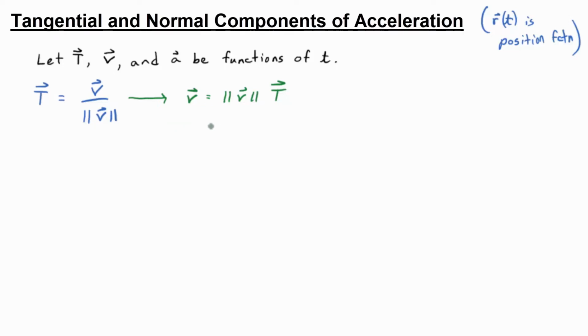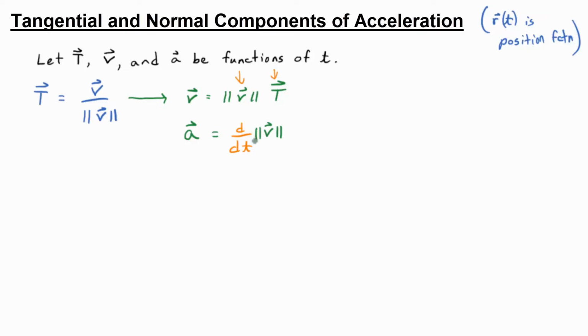So working downwards, acceleration, this would be a of t. I'm going to use Leibniz notation to start off with. The first function is the magnitude of v. The second function is T. I'm going to take d/dt of the magnitude of v.